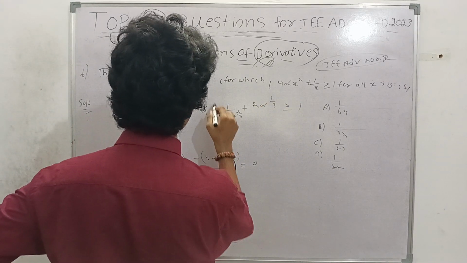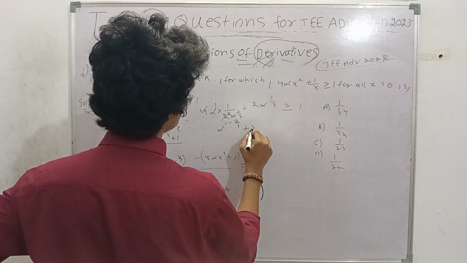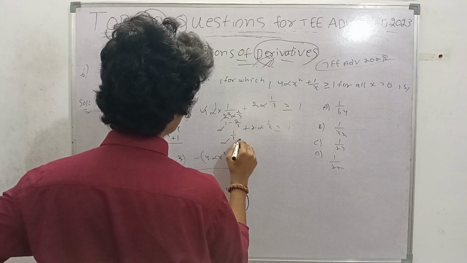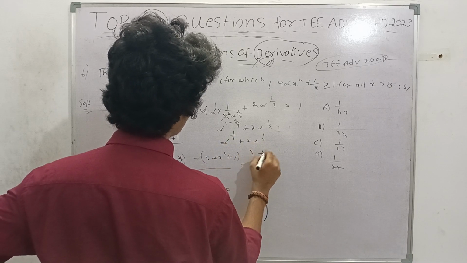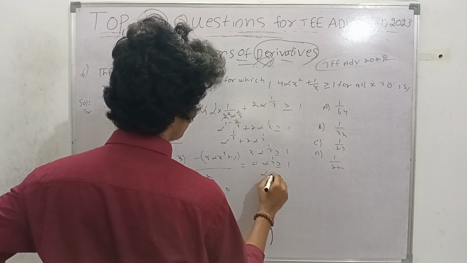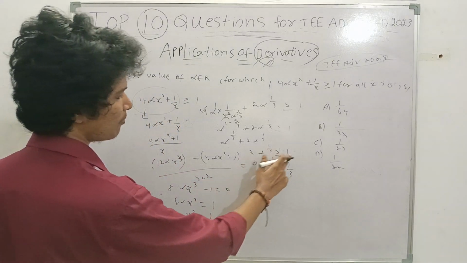So it will be alpha power 1 minus 2 by 3 plus 2 alpha power 1 by 3 greater than or equal to 1. Alpha power 1 by 3 plus 2 alpha power 1 by 3 will be 3 alpha power 1 by 3 greater than or equal to 1. Alpha power 1 by 3 greater than or equal to 1 by 3, so alpha greater than or equal to 1 by 27. You can see here, guys, 3 into alpha power 1 by 3 greater than or equal to 1.